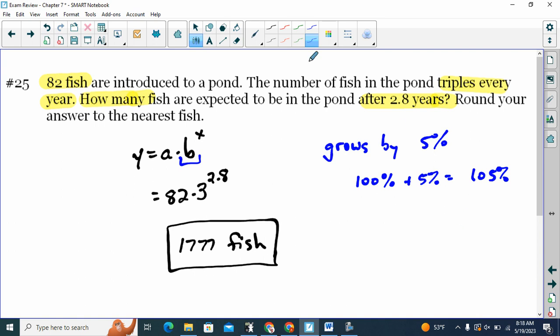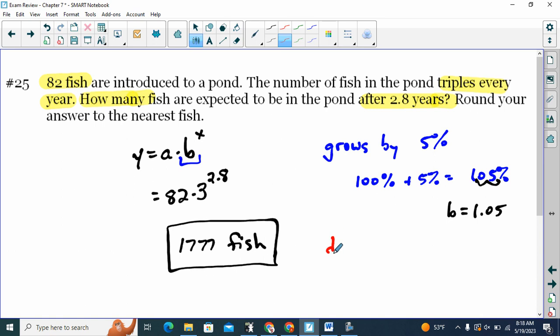And then we need to change it to a decimal. Decimal point's right there. We always change a percent to a decimal by moving the decimal point 2 places to the left. So in that case, my b value would be 1.05.